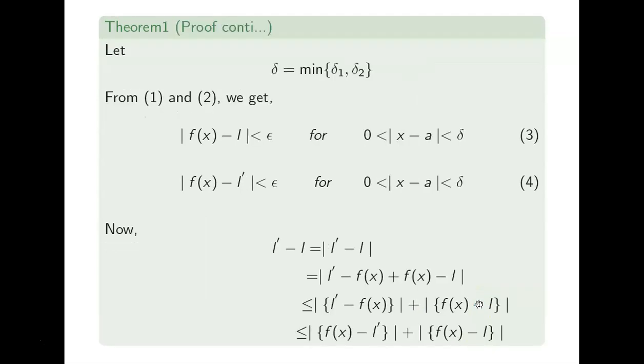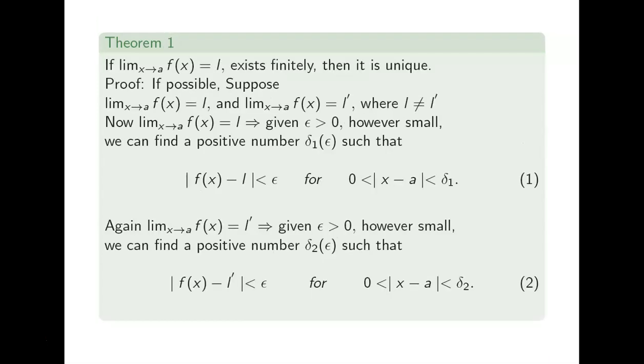Now, we want to use the delta 1 and delta 2 inequalities for some common value of delta. For this very purpose, we will define a common value delta as the minimum of delta 1 and delta 2, because if we define delta as the minimum of delta 1 and delta 2, these inequalities 1 and 2, if you see in the back slide, will both be satisfied for this delta value.